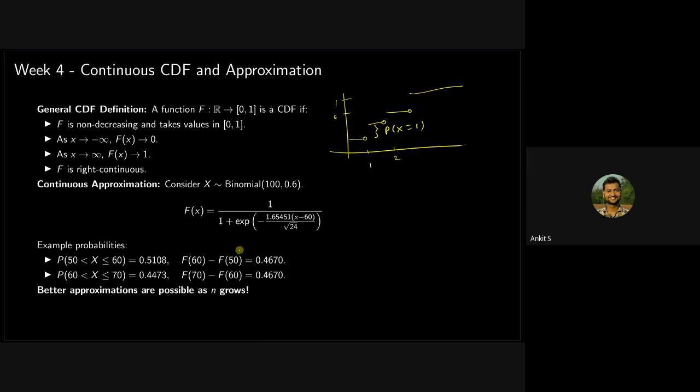So how do you get a continuous CDF? When you have a discrete random variable which has a lot of values or a lot of intervals, then you can consider that it will be like here to here, then here to here. So it will become like a continuous curve. Are you able to get my point?